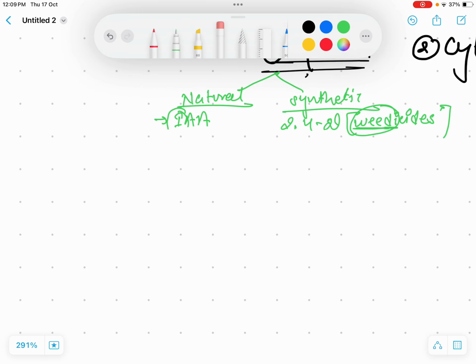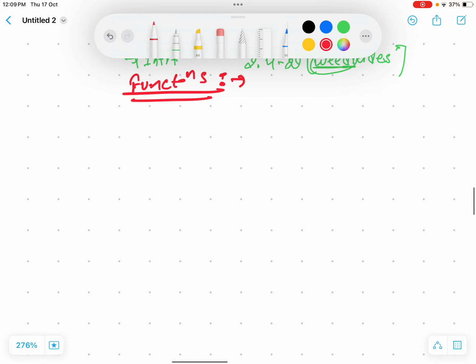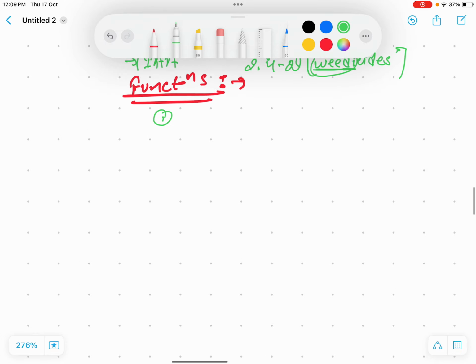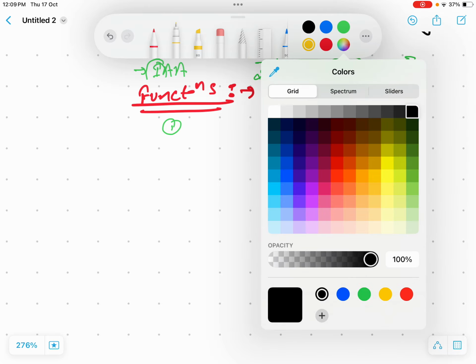Now let's talk about the functions of auxin. One main function you should remember: if you forget other things, no problem, but this should not be forgotten.